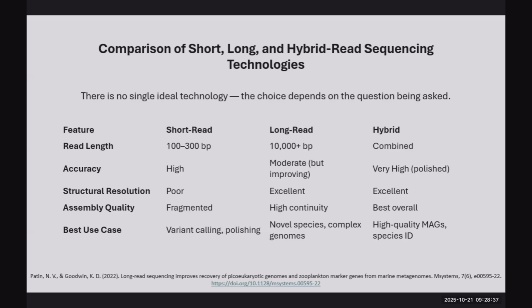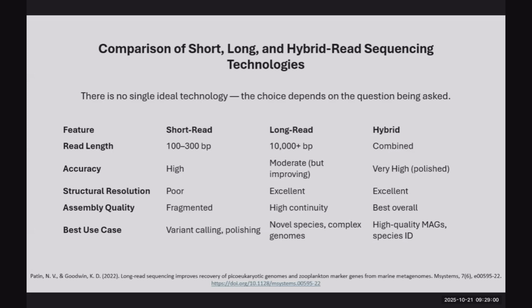Now it's much better with the advancements in this technology. We are getting close to the accuracy of Illumina. It has excellent structural information. You can find missing pieces, inversions, deletions, and so on using nanopore technology, because it's capturing the whole area.